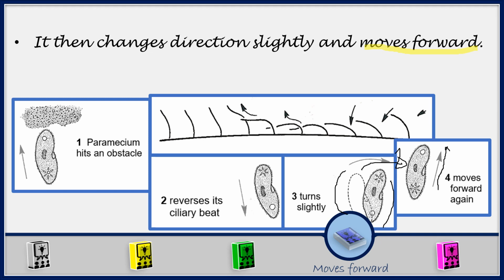When it moves forward again, the direction it takes is going to be different. If the obstacle was here last time and it hit it, now it will go in this opposite direction, moving far away from the obstacle.